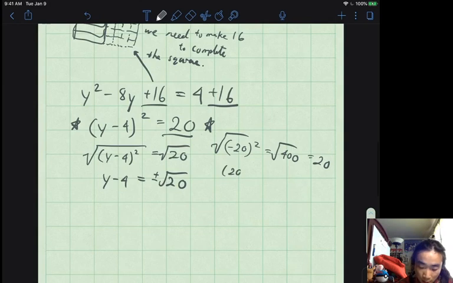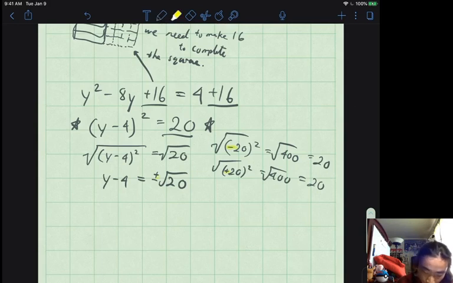That's the same as if we squared 20 to get 400 and taken the square root. To account for these two sign differences, that's why we add in these symbols. It also reminds us that there are two answers.